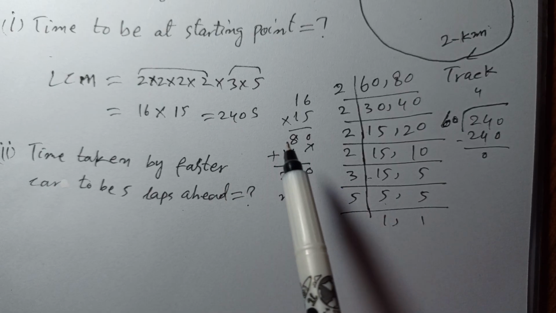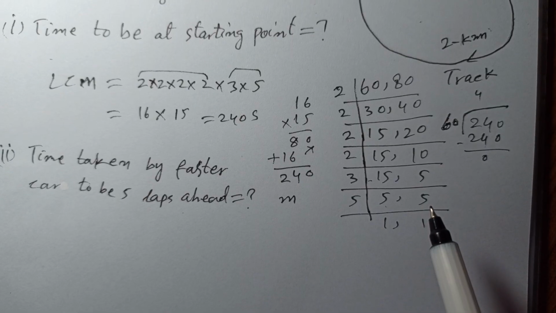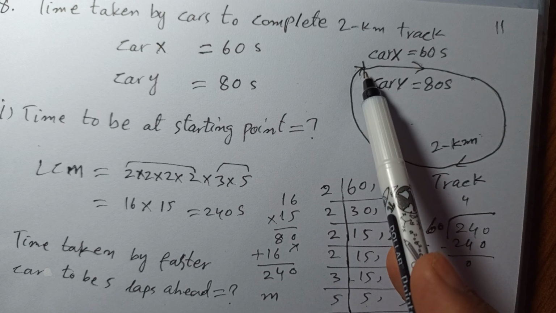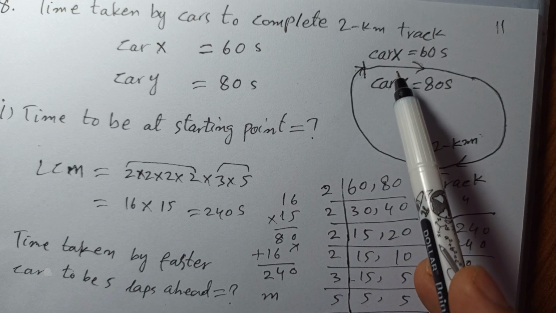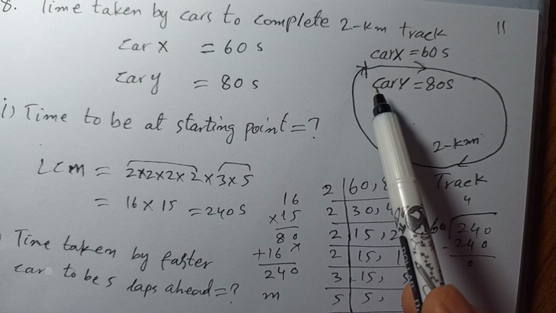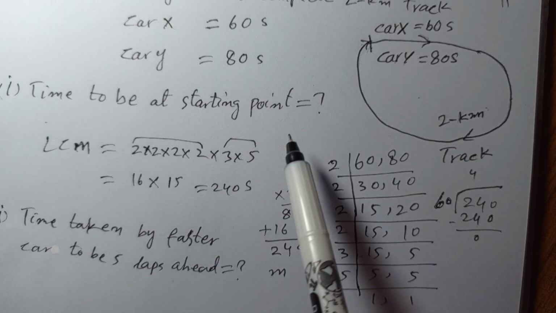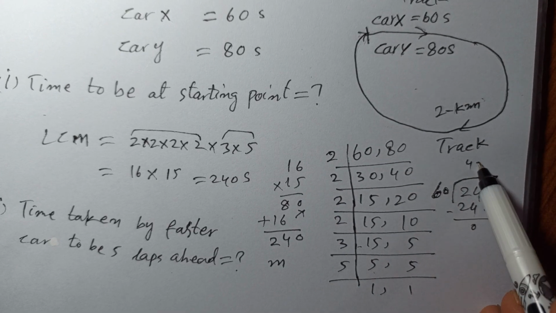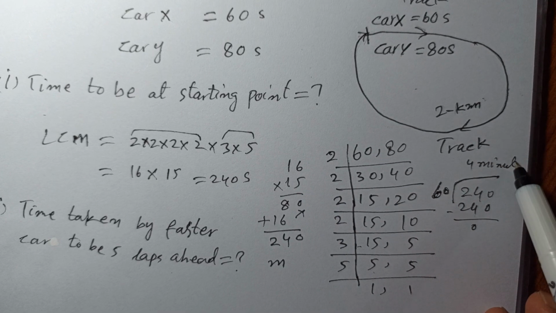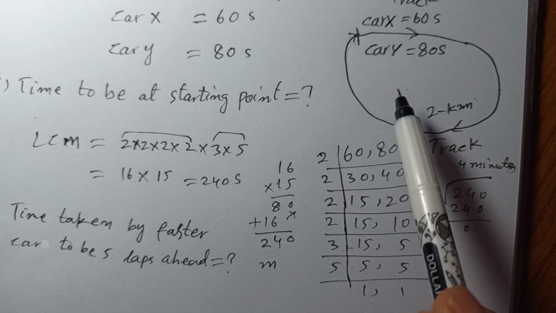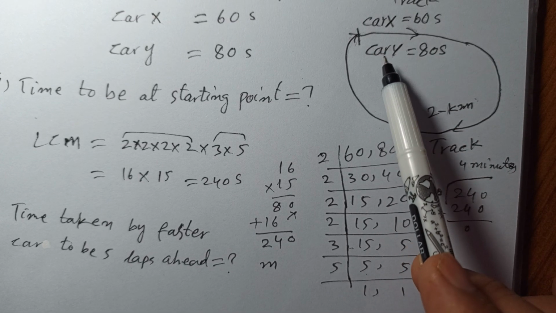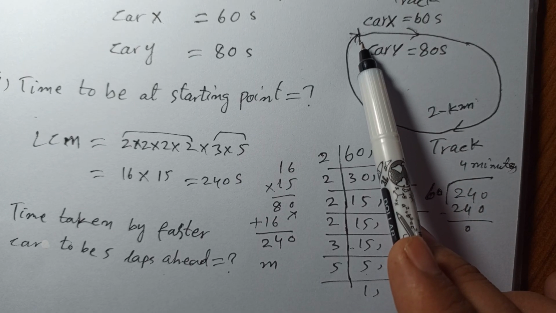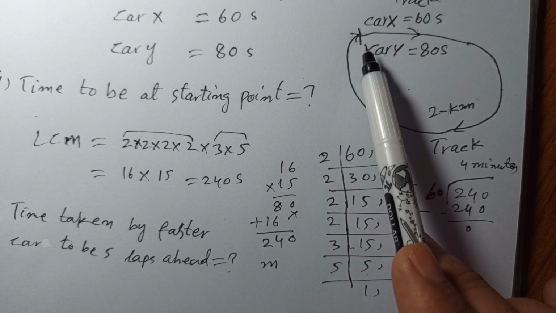It means that when 4 minutes have passed, both of the cars are at the starting point, and car X is one loop ahead of car Y. When 240 seconds or 4 minutes have passed, car X is one loop ahead of car Y, and both are at the starting point again, and they are starting their second race now.